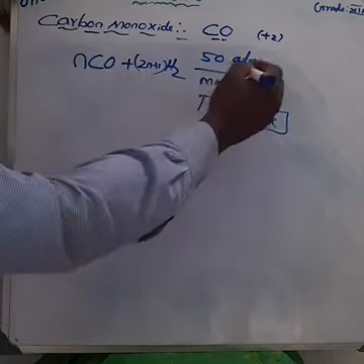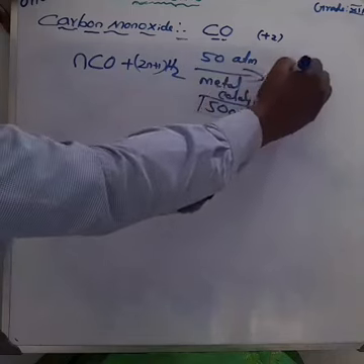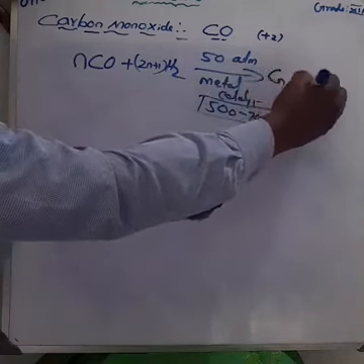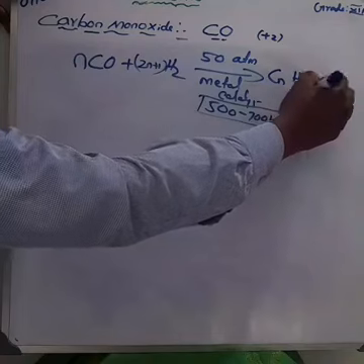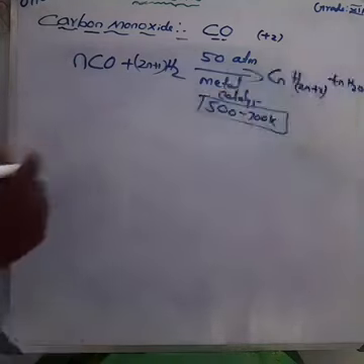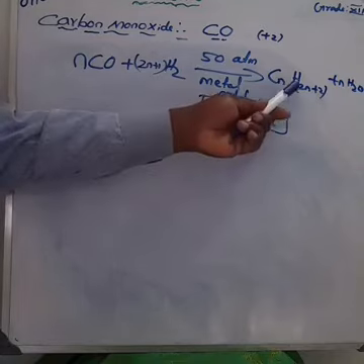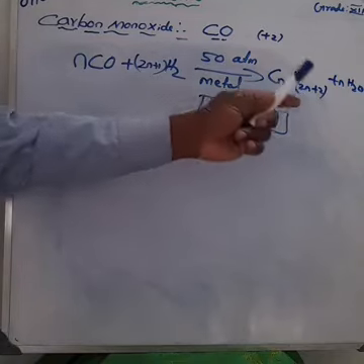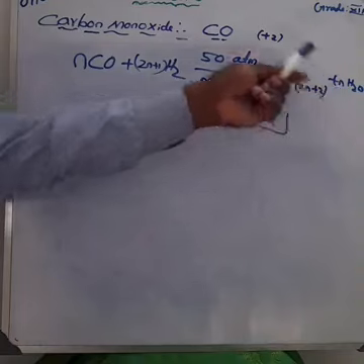We get CnH2n+2 plus n molecules of water. What is the product obtained? CnH2n+2 plus nH2O.